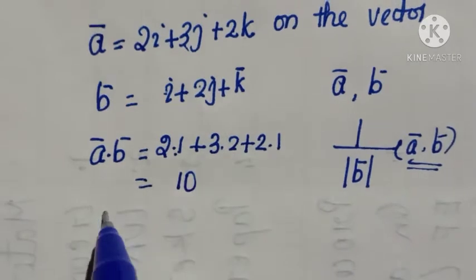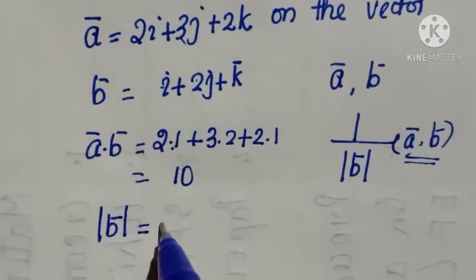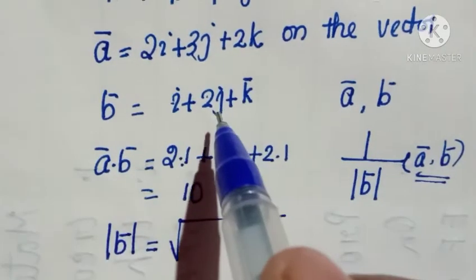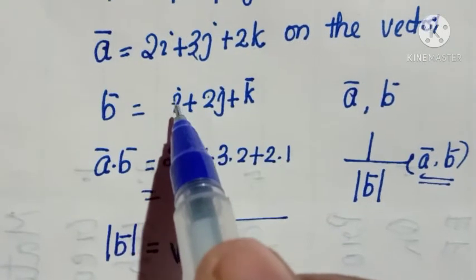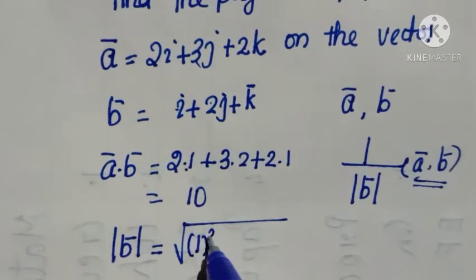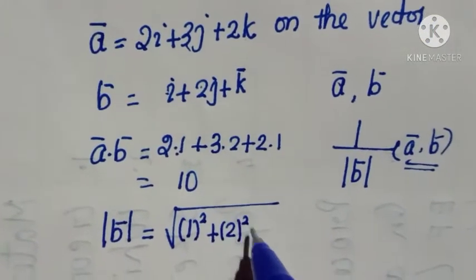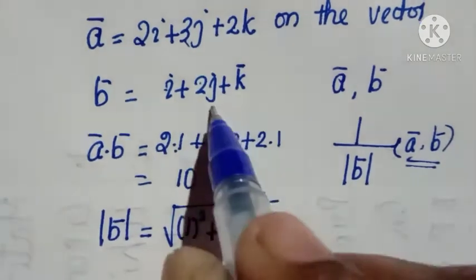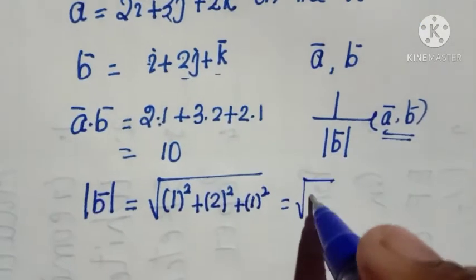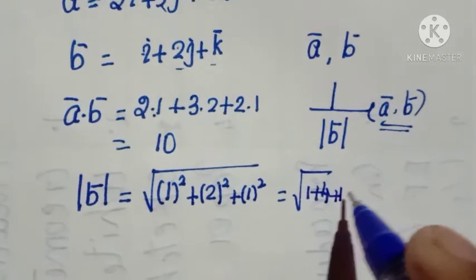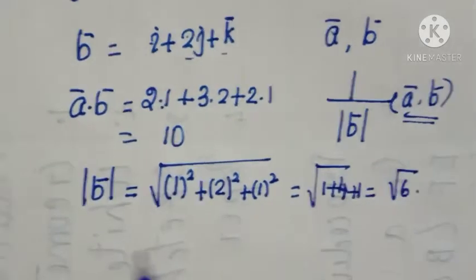Now find the magnitude of vector B. It is the root of the sum of squares of the coefficients. It is 1 square plus 2 square plus 1 square. Okay. So it is 1 plus 4 plus 1, that is root 6.